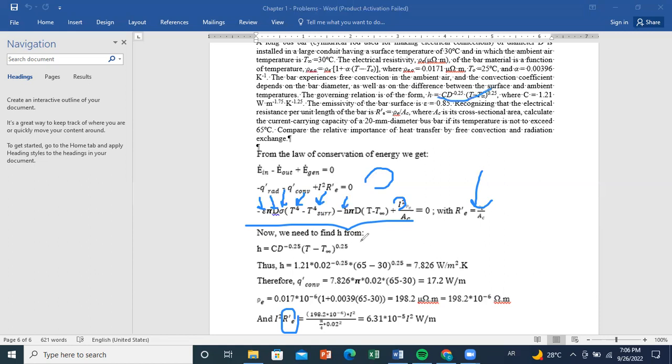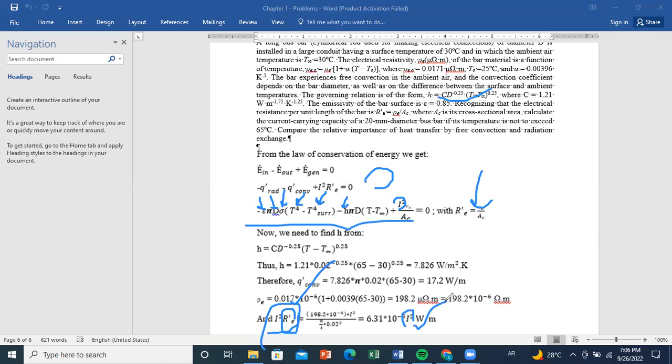So we have everything except the current, because here we express the power as R prime E times I square. R prime E can be calculated, and from the energy balance, we can calculate the total electrical power per unit length. And then the only unknown here will be I. We can calculate the value of I.